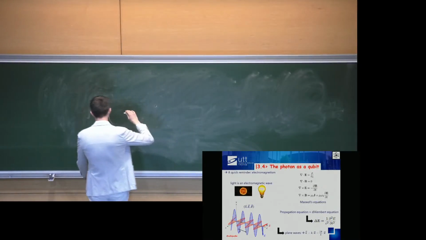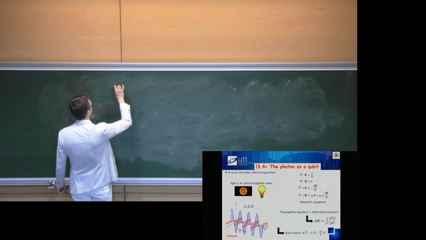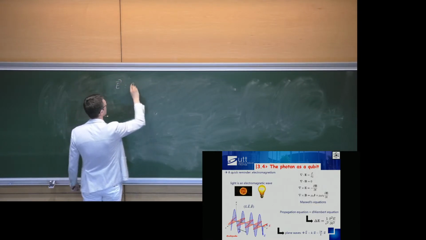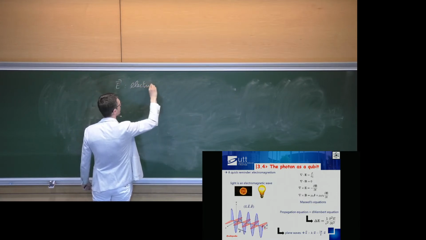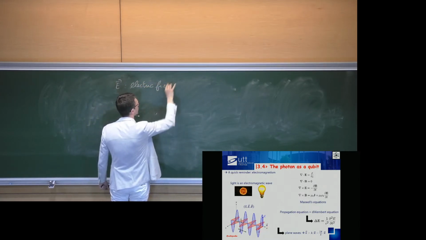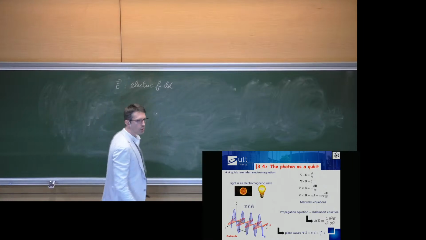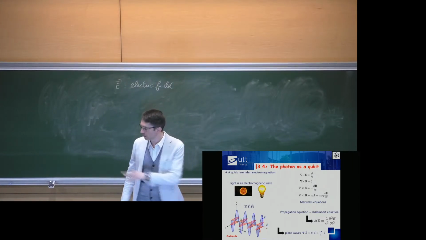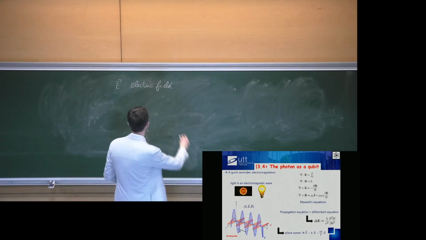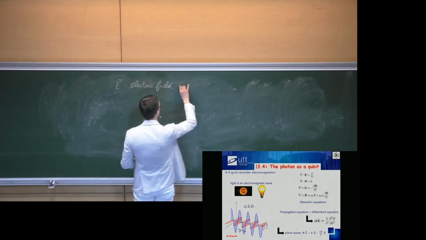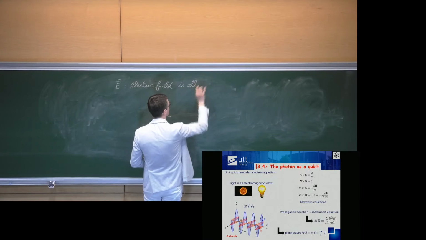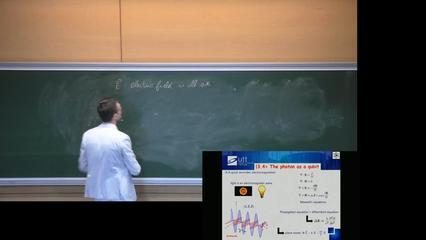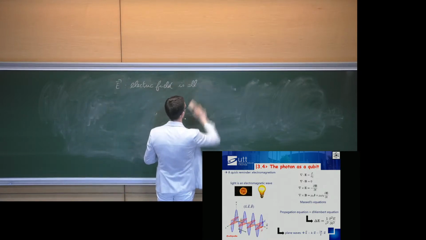So the electric field is actually all we need to represent an electromagnetic wave. And I'll show you why in a minute. So electric field is all we need.